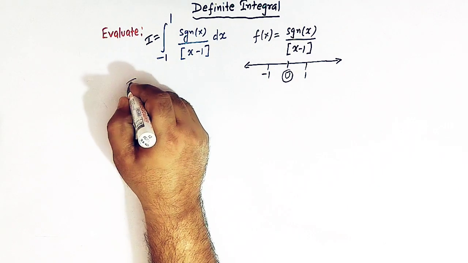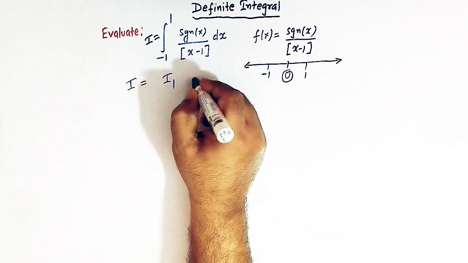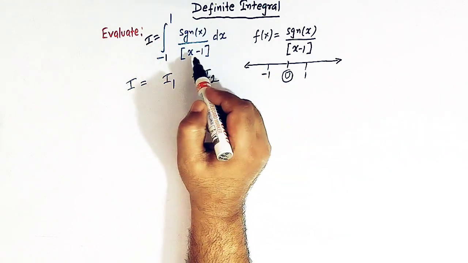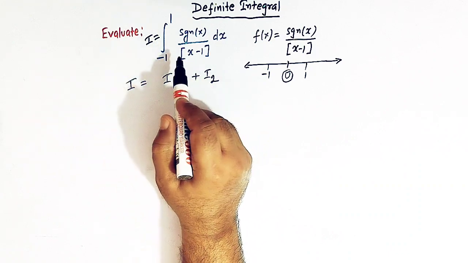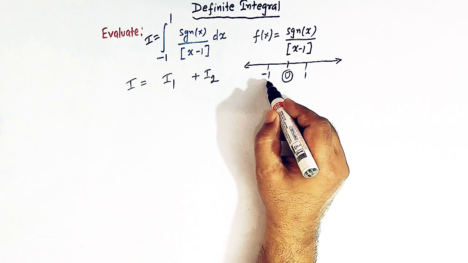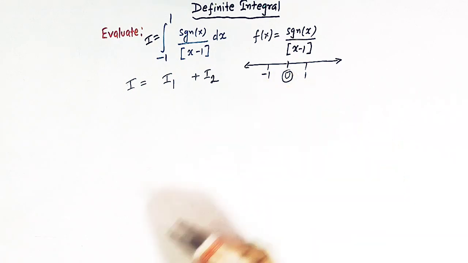So now we can write I as I1 plus I2, right? So we'll solve this integral by splitting it into two parts. One is from minus 1 to 0 and the other is from 0 to 1, right?